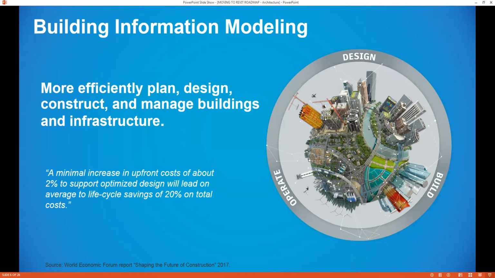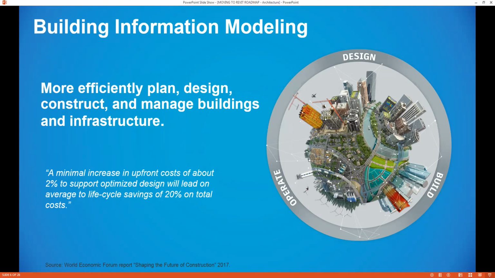Now, these are the main focus areas. It helps them to plan, design, construct, and manage buildings and infrastructure. These are the things that people in the AEC industry typically do day in, day out.